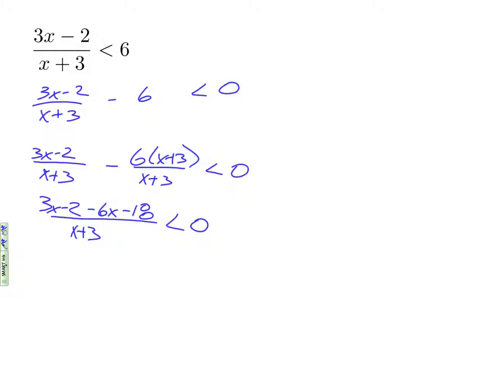Distribution issues are a big part of why you guys would miss a problem like this. You'd probably give me a positive 18 there instead of a negative 18. So make sure you pay attention when you're distributing. Like terms together gives me a negative 3x and a negative 20 over x plus 3.